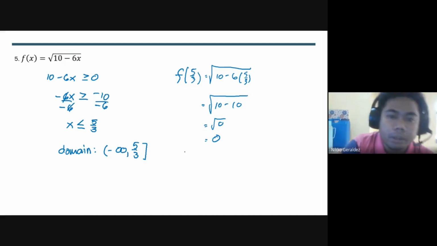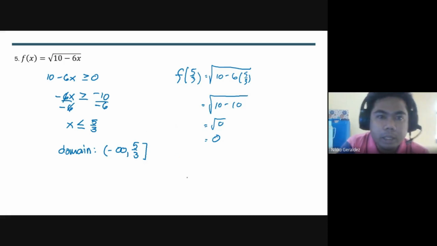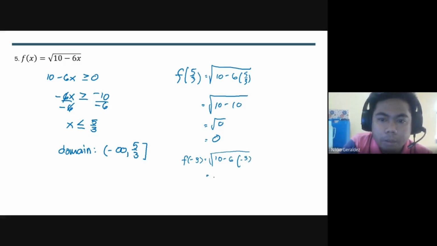For example, negative 3. So, 10 minus 6 times negative 3. So, we have 10 minus 6 times negative 3, which is positive 18.